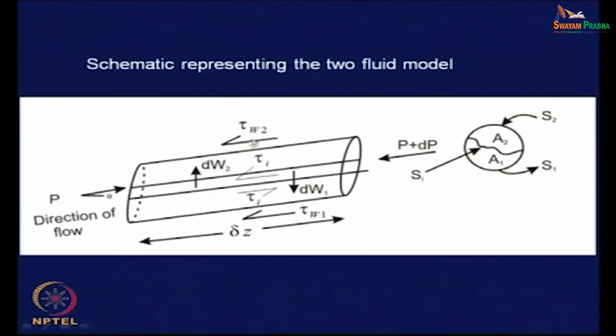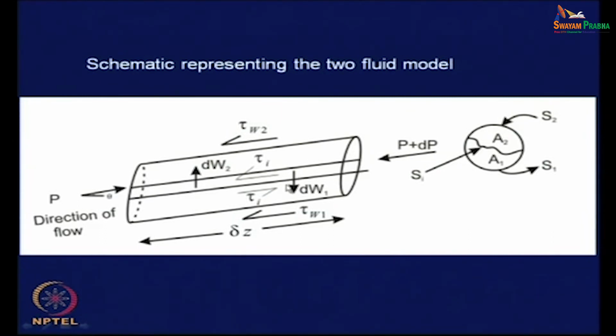Now, remember one thing, this is a situation for a completely separated stratified flow. So the interfacial shear operates at a well defined interface between the two phases. Suppose the other phase were distributed as bubbles or as slugs, Taylor bubbles, etc., then the same concept can also be applied.